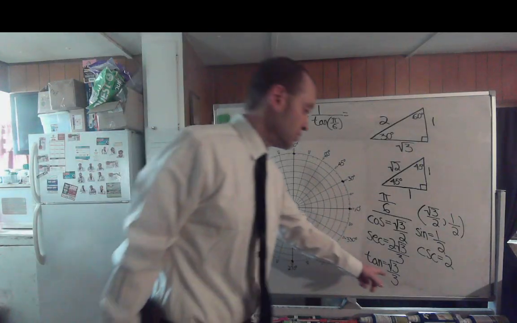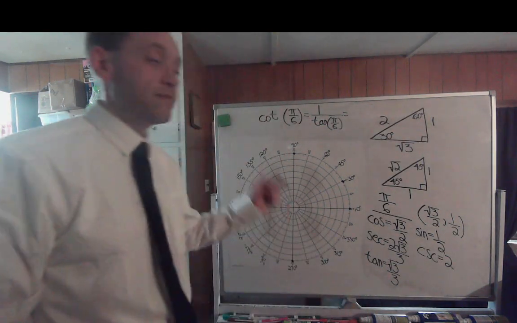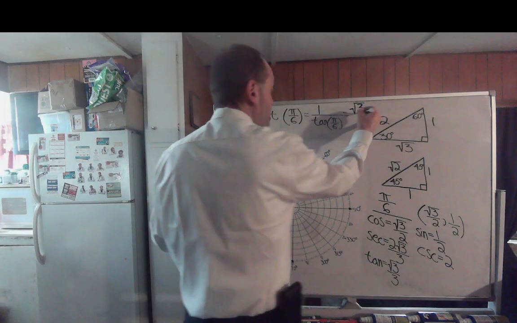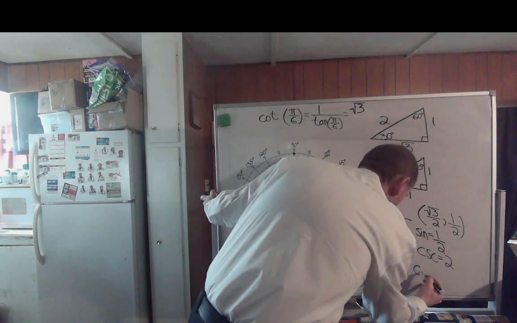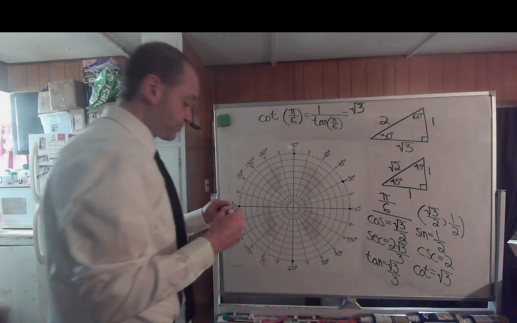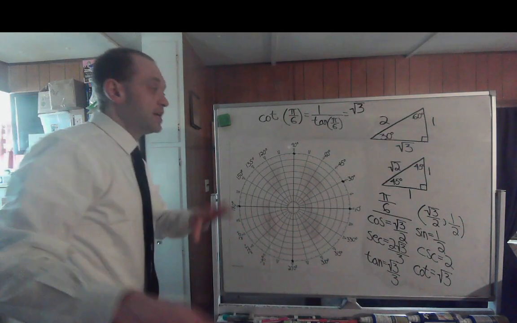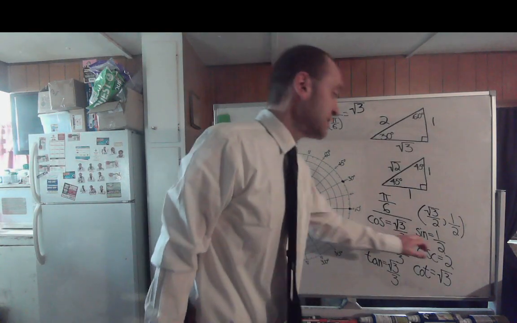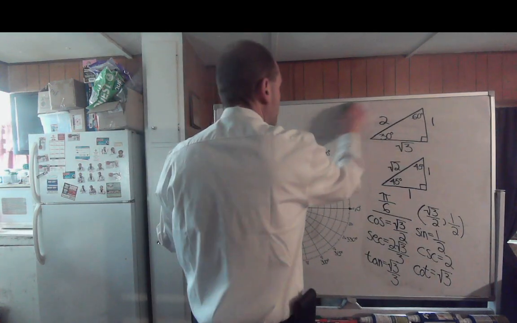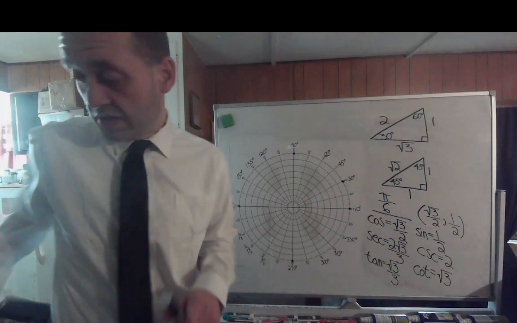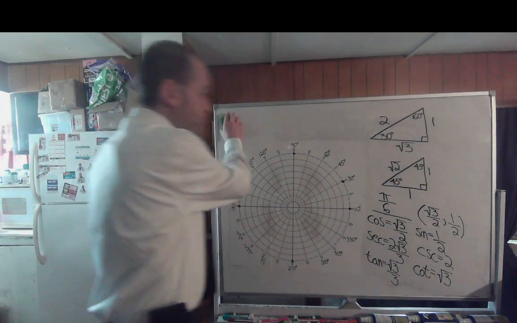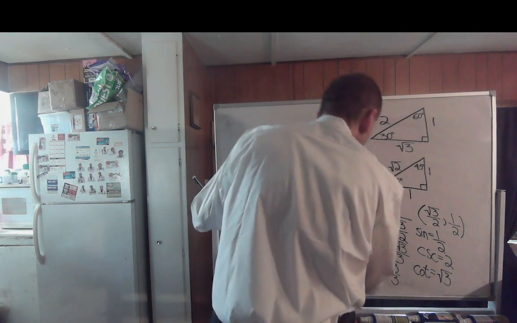That's the reciprocal of square root of 3 over 3, which would just simply turn into the square root of 3. So the cotangent of pi over 6 equals the square root of 3. Really, if you can understand cosine and sine, the other 4 aren't so bad to deal with. Cosine and sine are your absolute foundations. Alright. Let's deal with pi over 4.